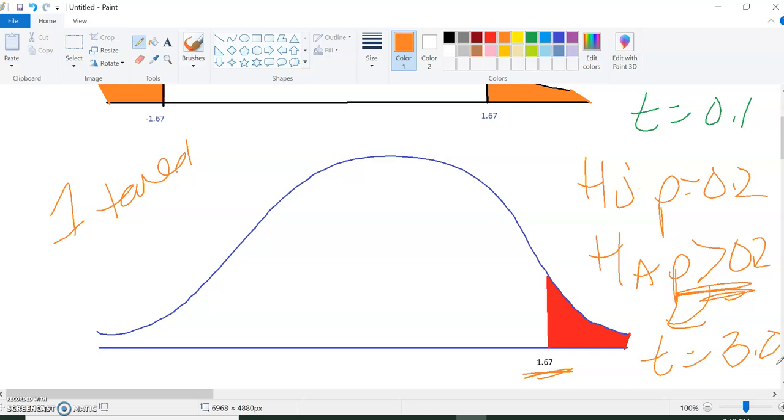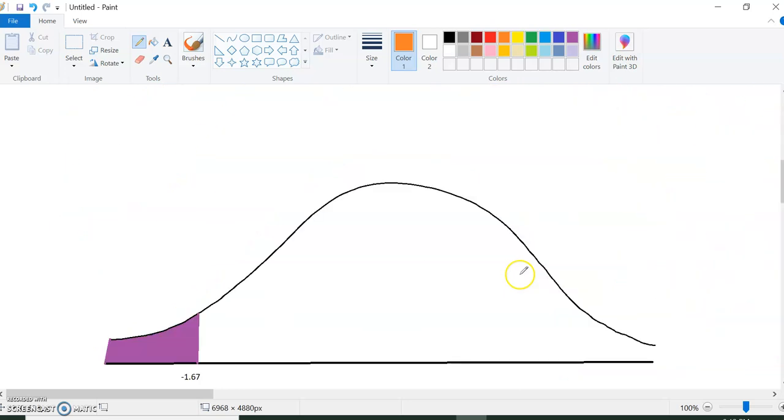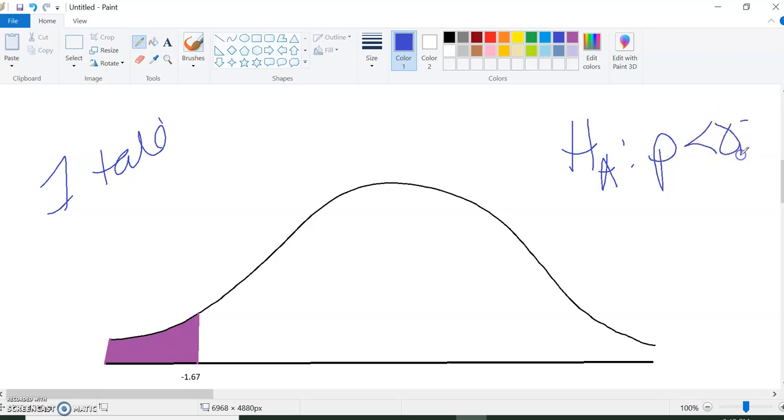I don't have to split it between anything else. The other one-tailed is a less than test, and you can see this is also one-tailed, but this is less than. So now my alternative would be p is less than 0.2, and I always use the negative value. In any case, to reject, my value has to fall in the tail.